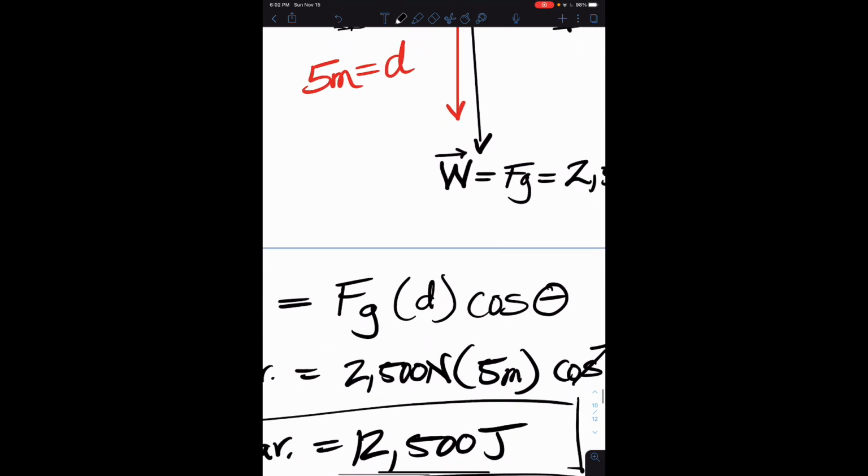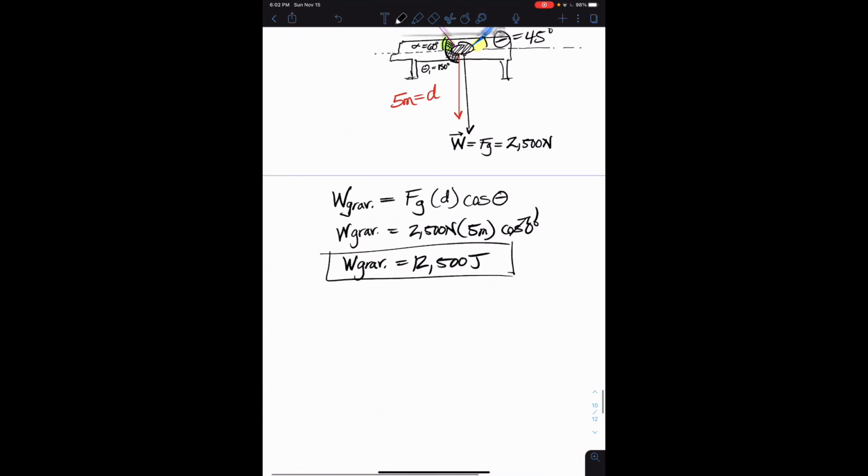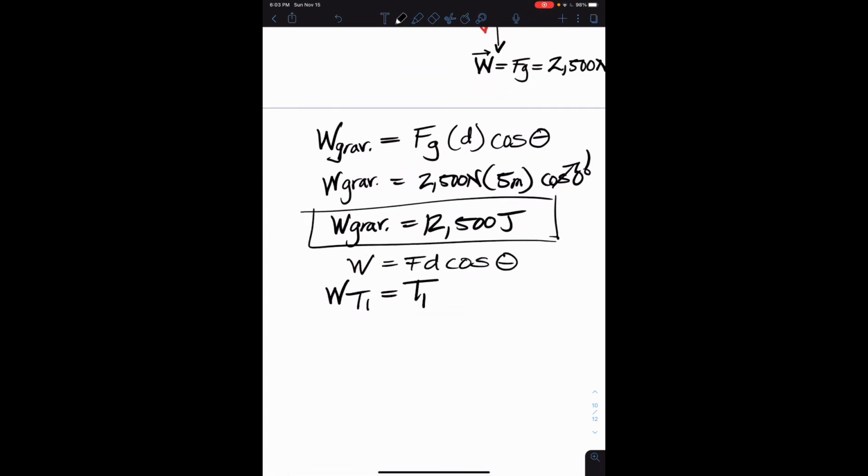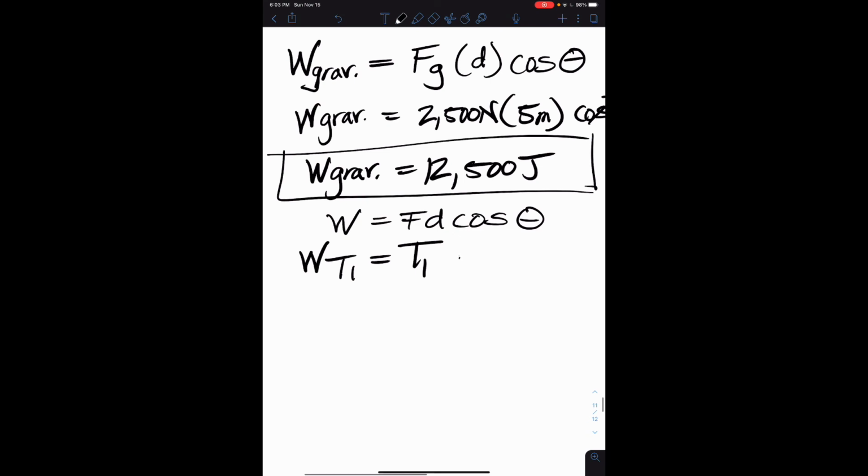Let's get a little space here. The work done by T1 is equal to, once again, what's our formula? W equals F d cosine theta. I'm just going to sub in what is relevant. So F is now T1, d is still d, and instead of cosine of theta, I have cosine of theta 1.